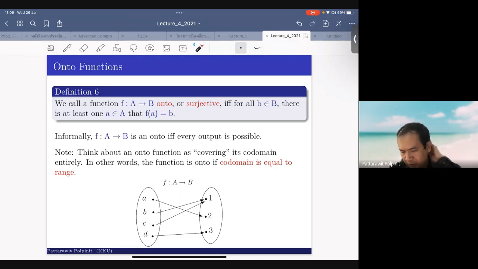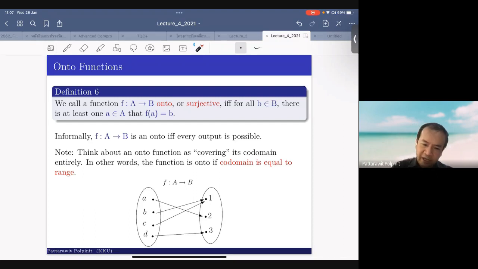Okay. So an onto function is basically saying that the members of the codomain are all mapped to, every member. Okay, this one is an onto function.